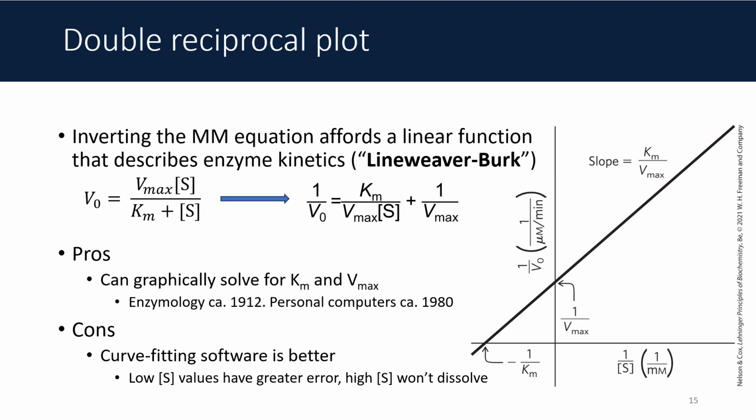In the prehistoric era, scientists did not have the luxury of using software to accurately compute Km and Vmax based off of the curve. Computers were not around for general use until 70 years after enzymology was discovered. But a quick and dirty go-around to solving these crucial parameters was called the double reciprocal plot.